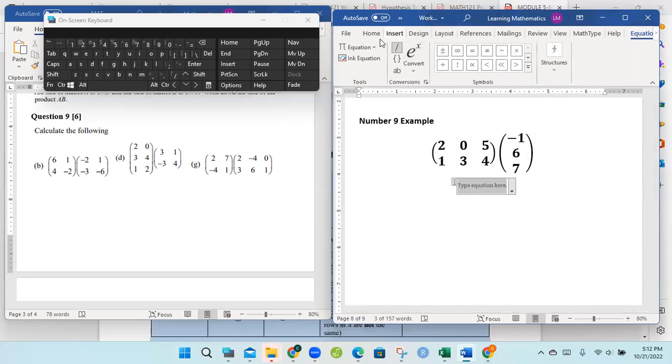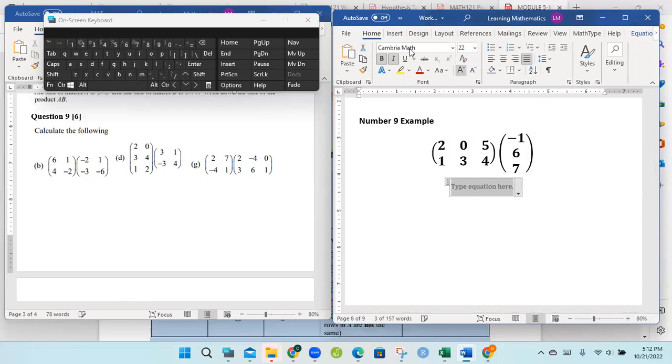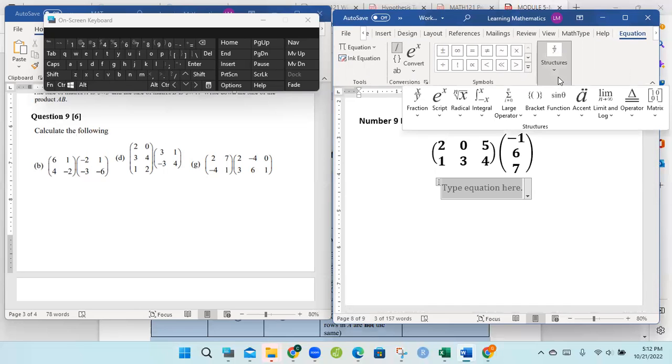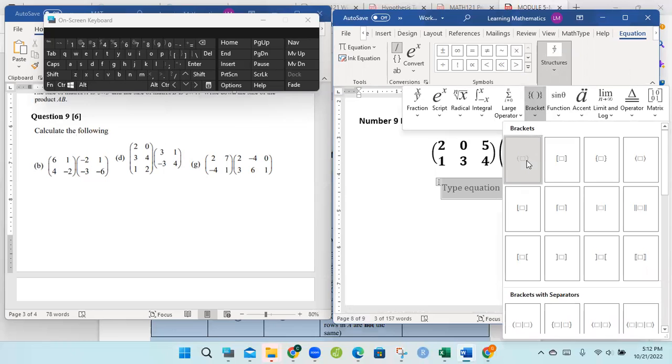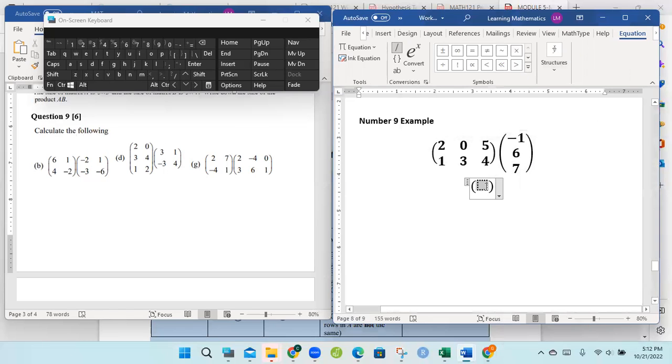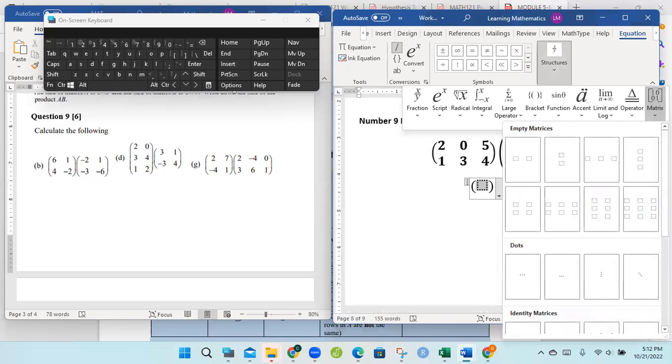So you have to design a template for my product. I have to put a 2 by 1 matrix. So let's look for a 2 by 1, 2 rows and 1 column.